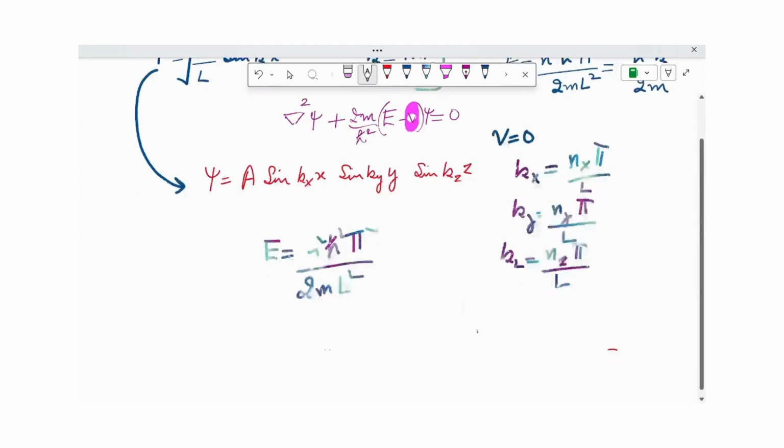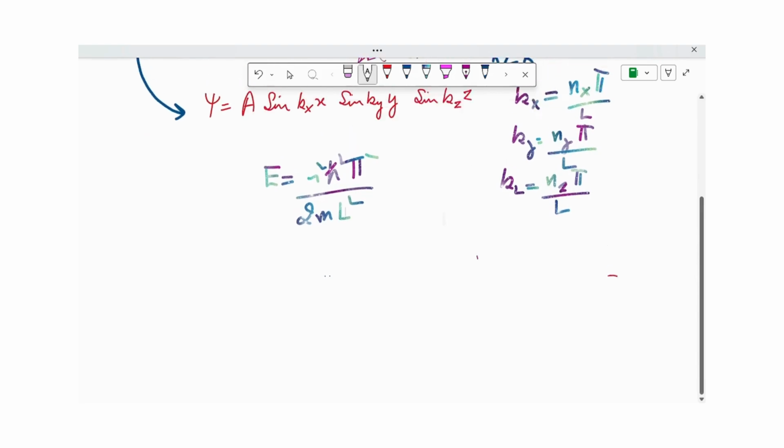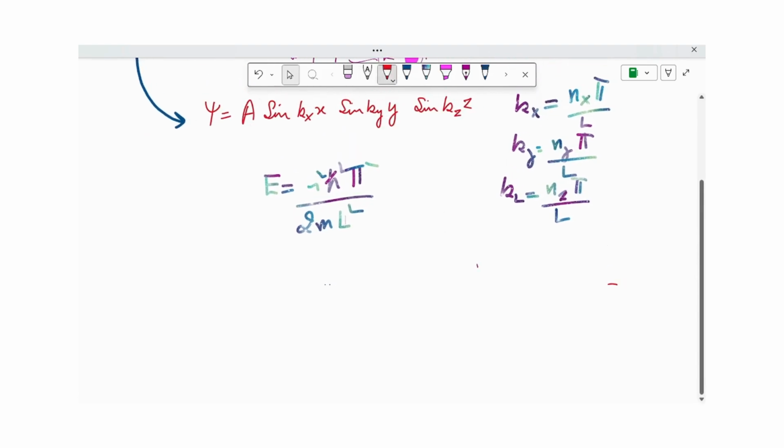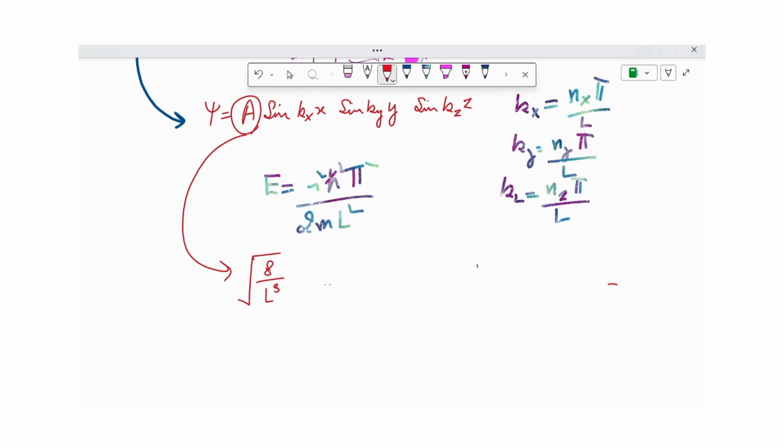Proceeding further, in one dimension A was root 2 by L, but here it will be root of 8 by L cube, because the three terms will contribute root 2 by L multiplied by root 2 by L multiplied by root 2 by L. So when we find the expression of A by the normalization condition, we will find A to be equal to root of 8 by L cube.